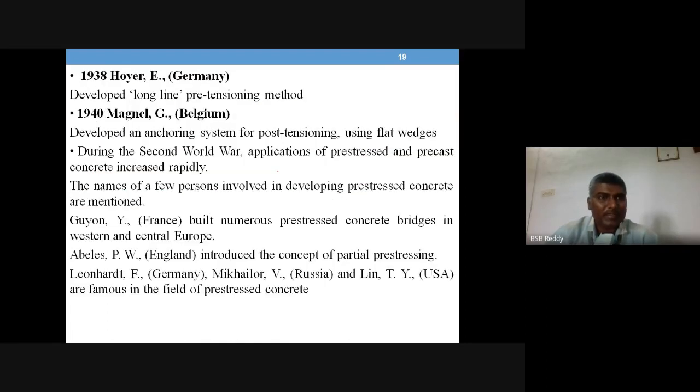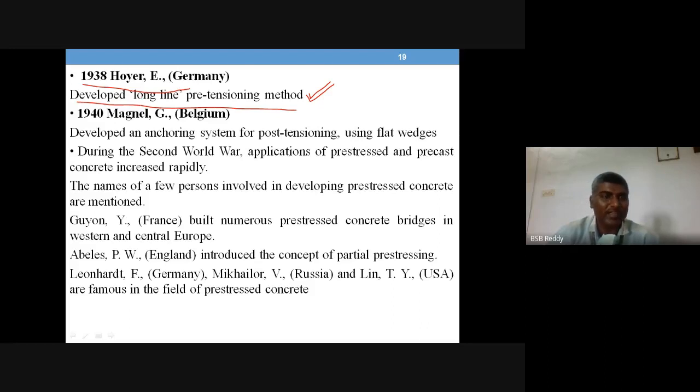Okay, right. In 1938, Hoyer developed the long line method for pre-tensioning, and this has become very popular for making the sleepers to lay railway line.